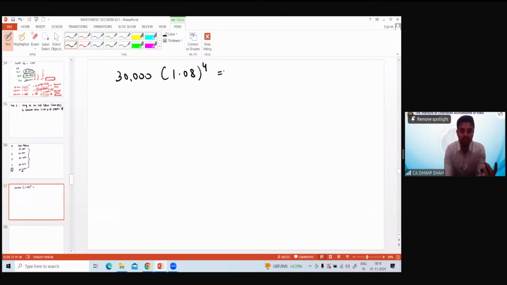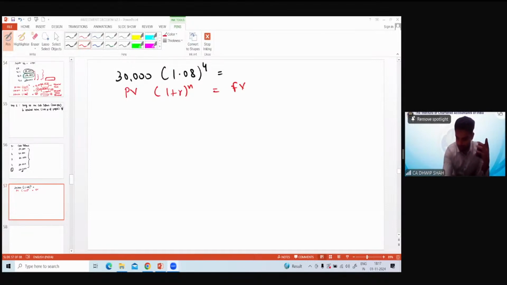So my 30,000 at the end of 5 years would be 4814. Yes or no? This is present value, and with 1 plus r raised to n I will get future value. I want to find the value at the end of year 5. How much will this 30,000 be at the end of year 5? It is just the concept of time value of money.